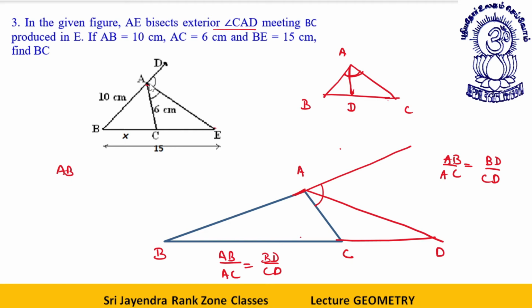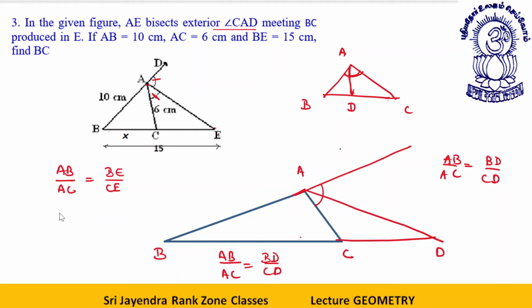CAD is bisected, so this angle and this angle are equal. So AB by AC is equal to BE by CE. Getting it? Any doubt? No doubt? Okay.